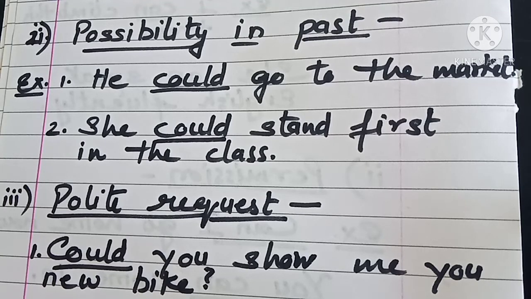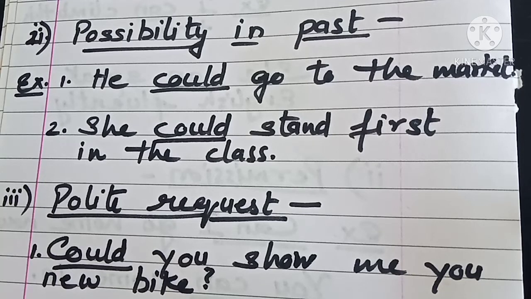Second, she could stand first in the class, meaning there was a possibility of her standing first in the class. In these examples, could is expressing the possibility of an action happening.